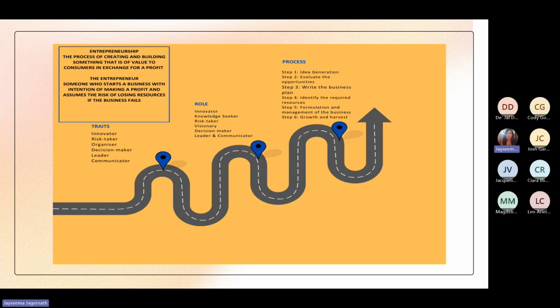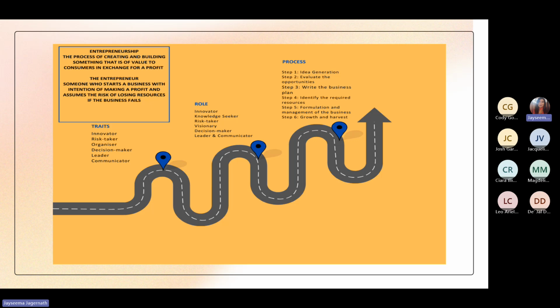Okay, so every entrepreneur goes through this process. It can be short, it can be quick, it can be long, it can take years. All right. When there's a problem in the environment or in society, and when an entrepreneur thinks of a solution, they go through an idea generating phase. And this is where they sit and they ponder an issue and they try to find different ideas that they can use to mitigate this, right?